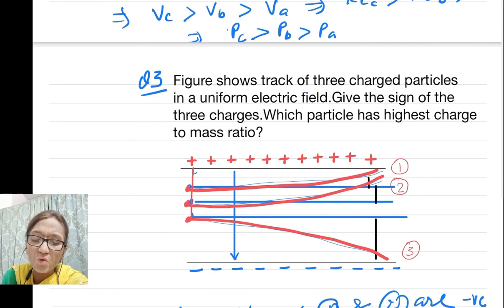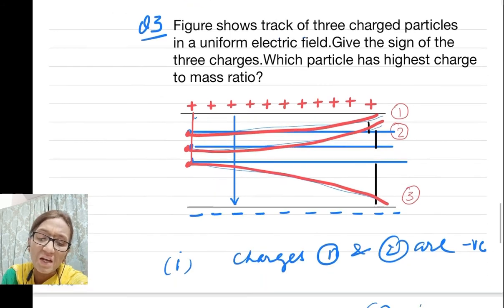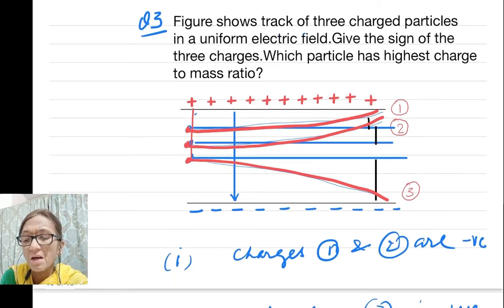So you have 2 questions. Firstly, you have to give the sign of the 3 charges. Now the charges which are attracted towards the positive plate, we know that like charges repel each other and unlike charges attract each other. So the positive plate would be attracting only negative charges.